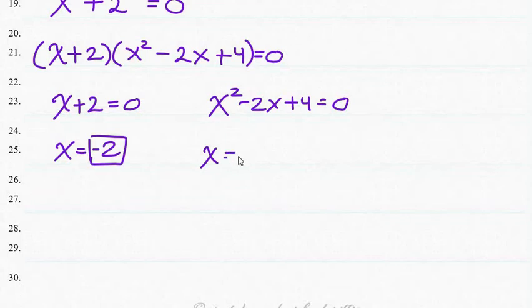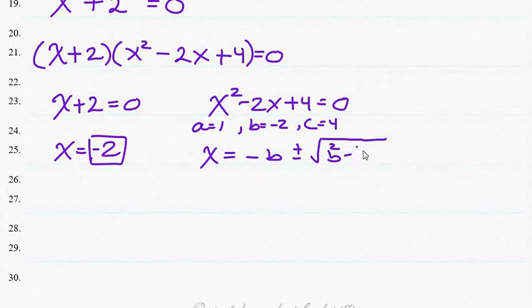So x is equal to, and our a is 1, our b is -2, and c is 4. We plug it into the quadratic formula, negative b plus or minus the square root of b squared minus 4ac, all over 2a.